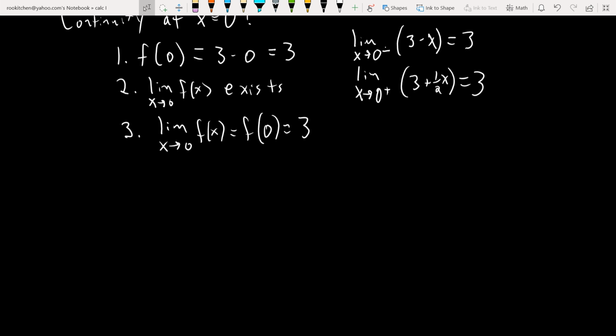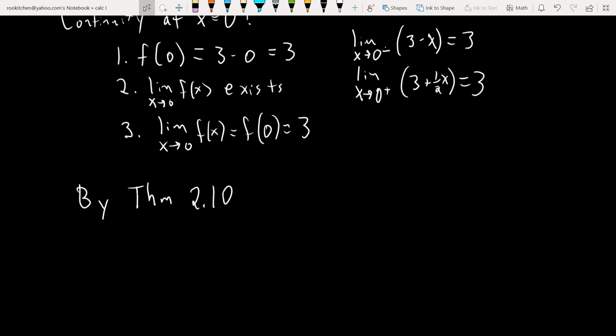The fact that it's continuous at 0 is really because of a theorem, I believe it's 2.10. Let me look in my book, make sure they didn't change it on me.